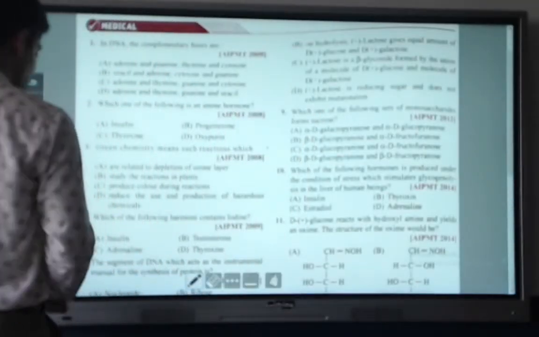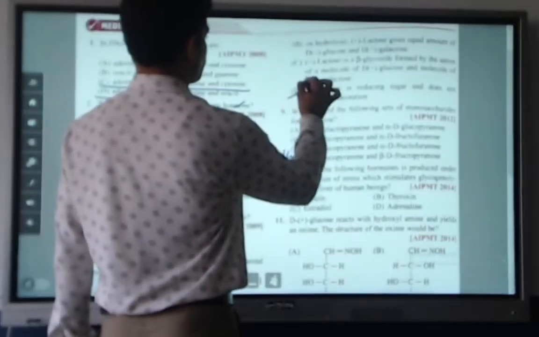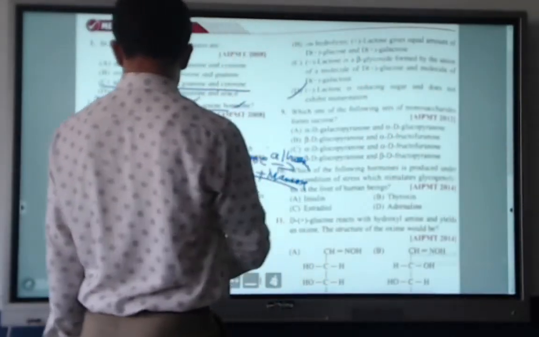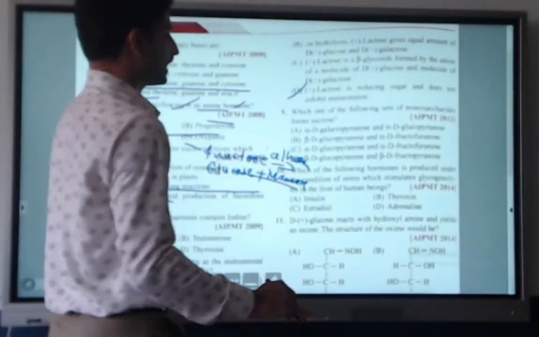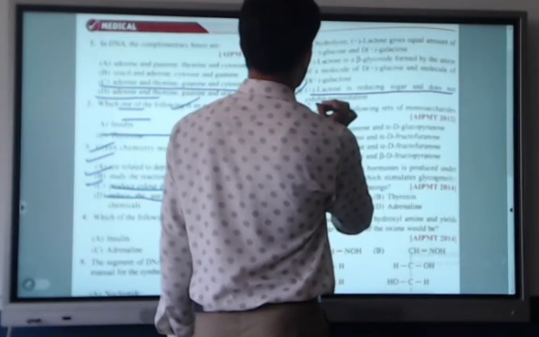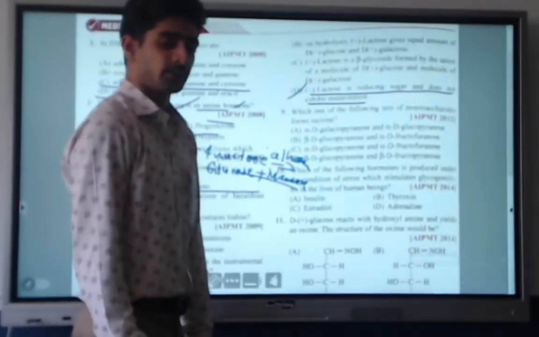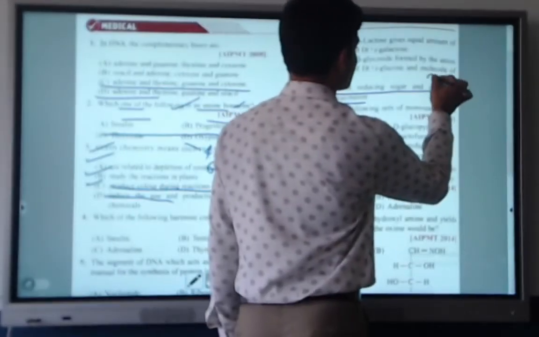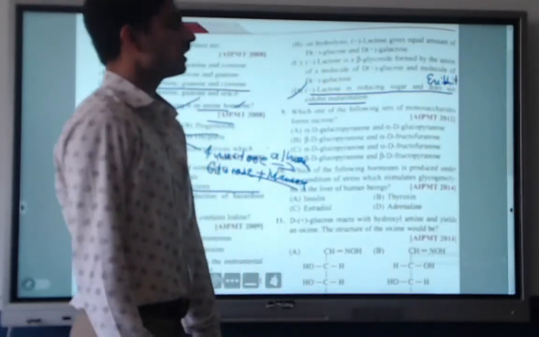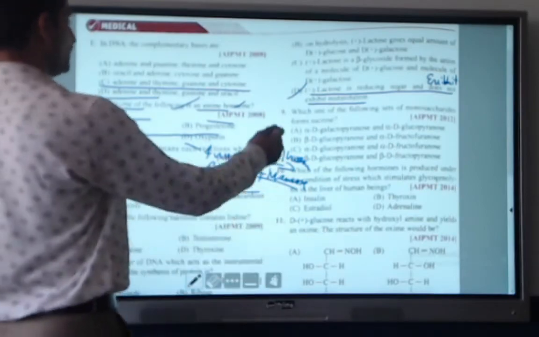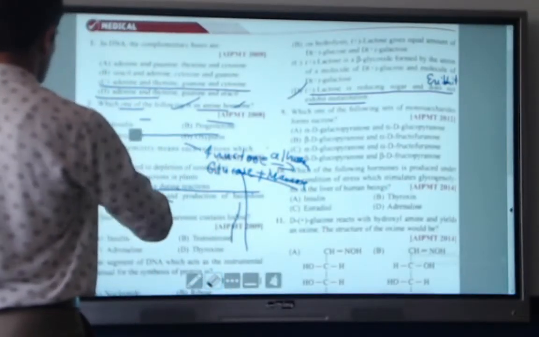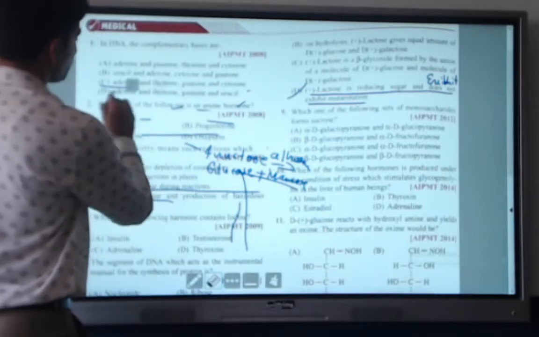So the wrong answer is what? D. Because options A to C are everything correct, but in case of D, they have given that lactose is a reducing sugar and does not exhibit mutarotation, but it does exhibit mutarotation.